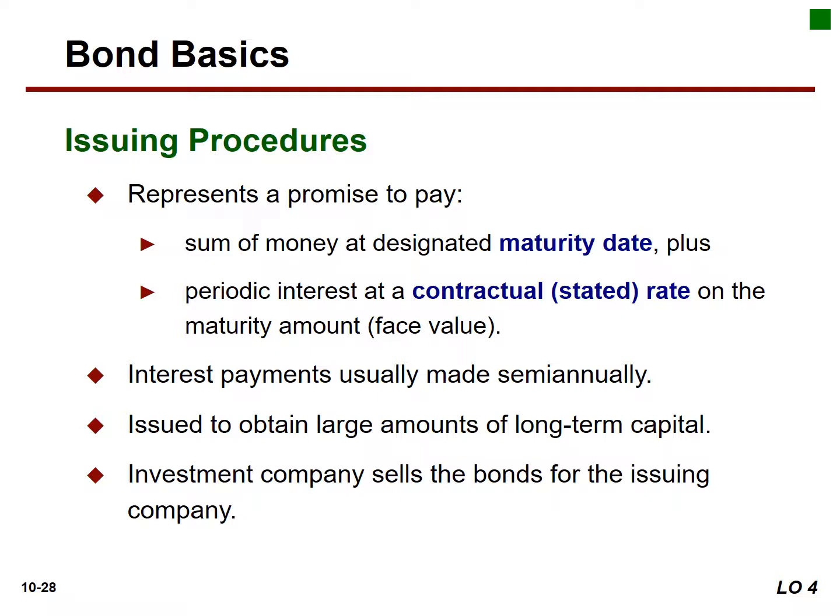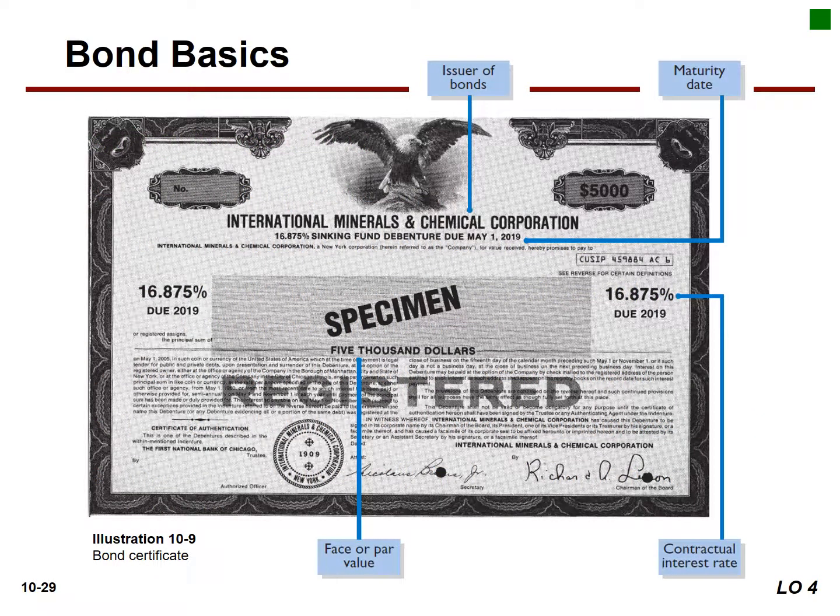Okay, and then it talks here about reasons why bonds are issued. And again, they can go through an investment company to issue the bonds, or they could sell the bonds directly to the bondholders. This is an example of a paper certificate, a paper bond. This is how bonds used to be issued.